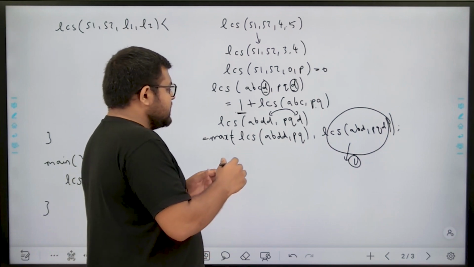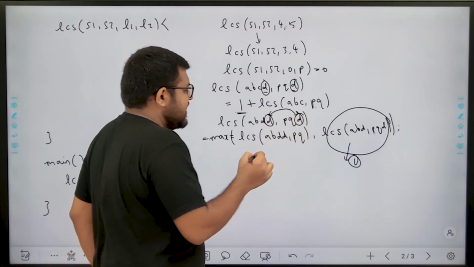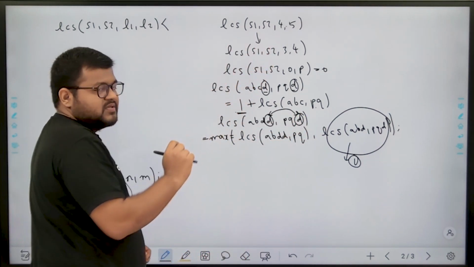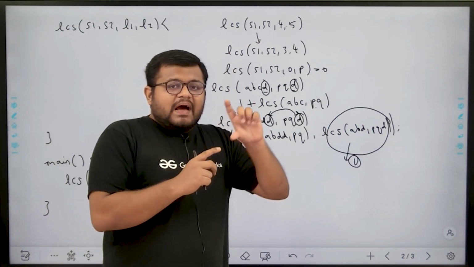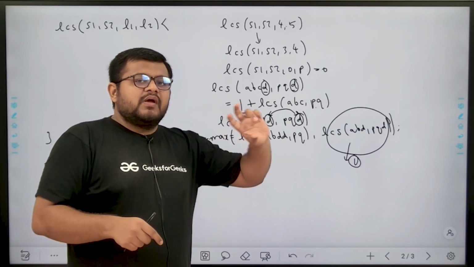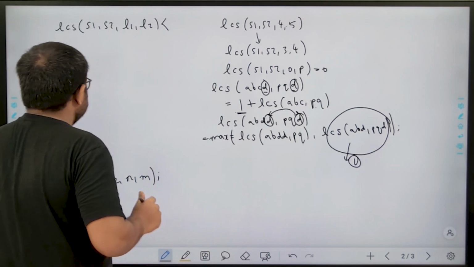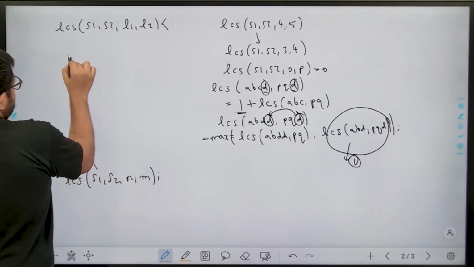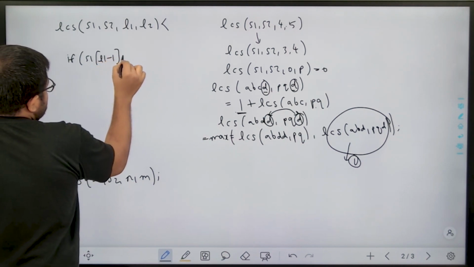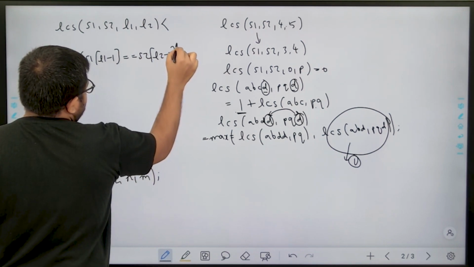So I will get the answer 1, which is the correct answer. But it is not better; even if I consider this D and this D as my answer, I would still get 1. So whenever we are doing a recursive call and the last characters of both the strings we are considering are matching, we will immediately add it to our answer. That would be the best case for us. So how can I write it? If S1 of L1 minus 1 is equal to S2 of L2 minus 1.